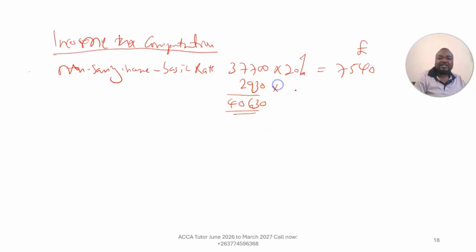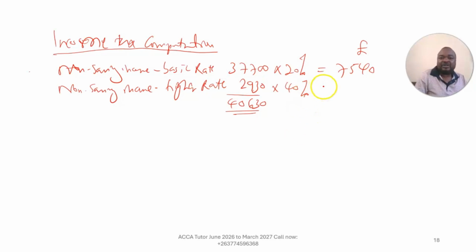And this is the amount that is going to be taxed at the higher rate of 40%. So you come here and say non-savings income, higher rate, and you then say 2,930 multiplied by 40%. That comes to 1,172. Okay, so you are done with the non-savings income. You come to the savings income.